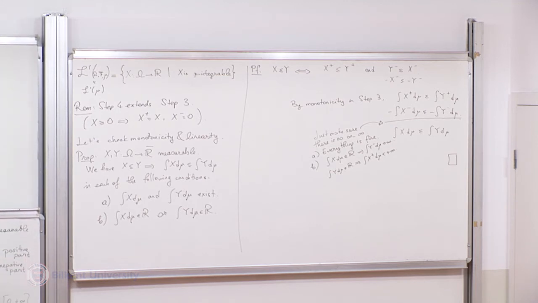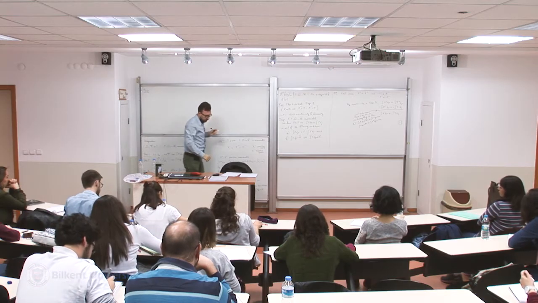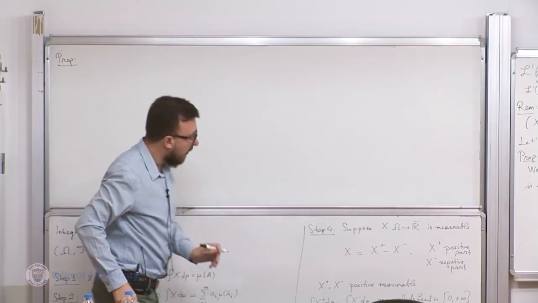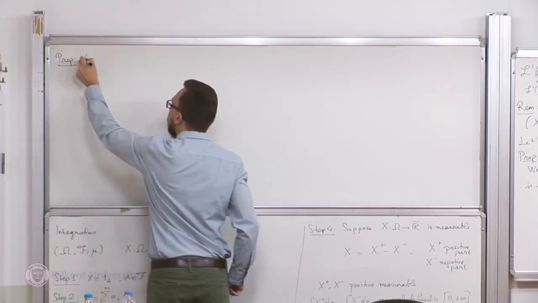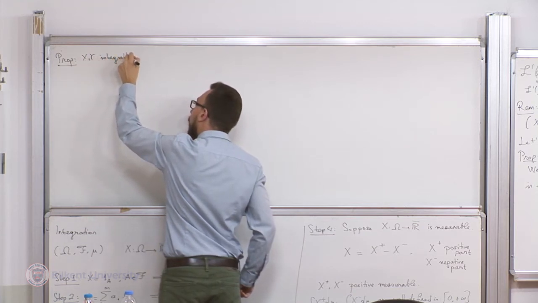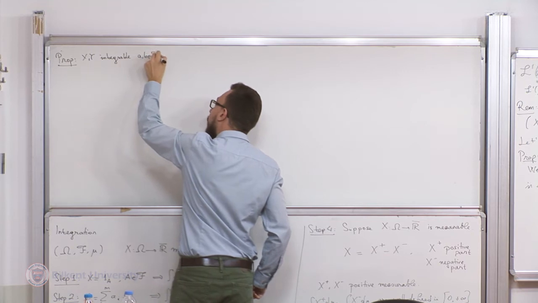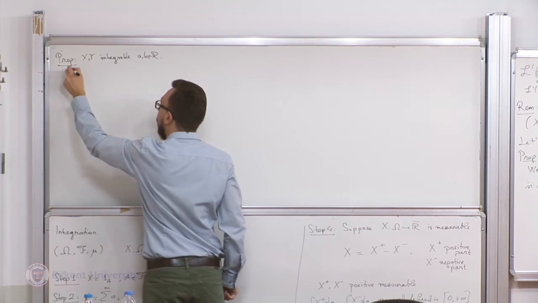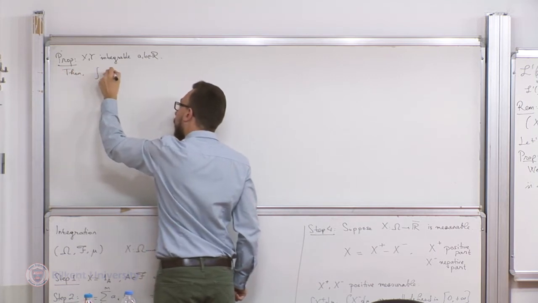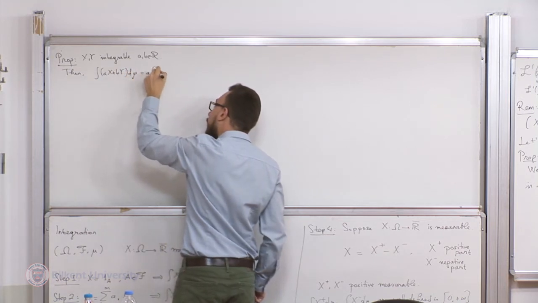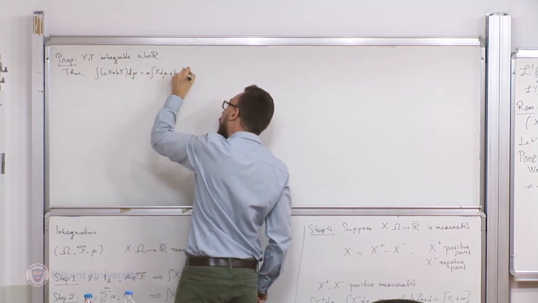And the other one is linearity. Okay. So let's say x and y are integrable, and a, b in R, then we have linearity. Then the integral of ax plus by is a times the integral of x plus b times the integral of y.